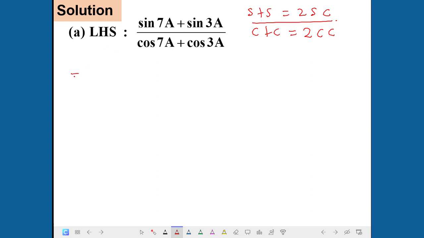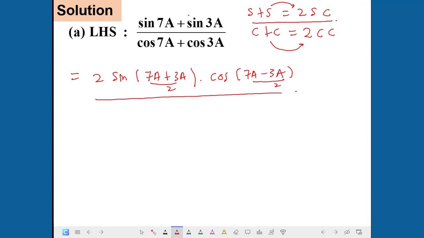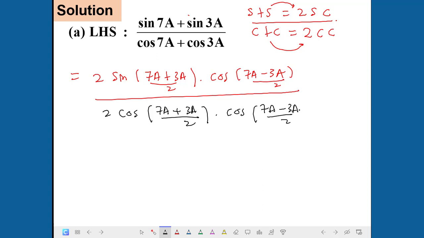So now, from sum to product: sine 7A plus sine 3A is equal to 2 sine of (7A plus 3A) over 2 times cos of (7A minus 3A) over 2, over, for this one, cos plus cos equals 2 cos of (7A plus 3A) over 2 times cos of (7A minus 3A) over 2.